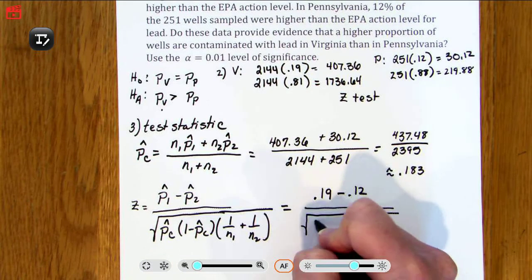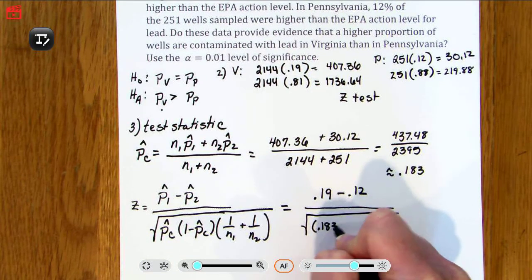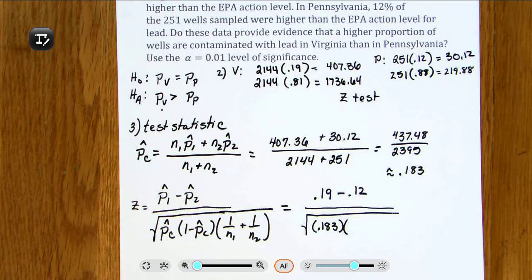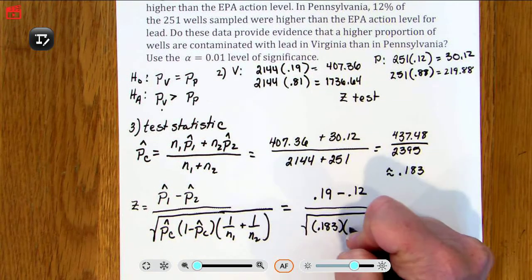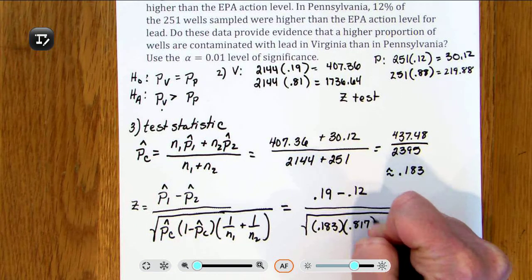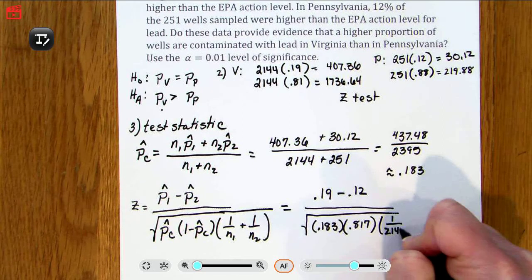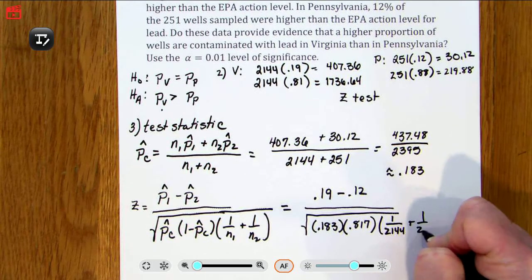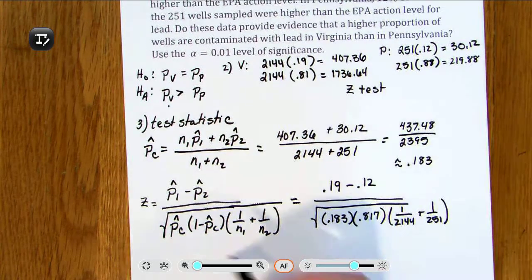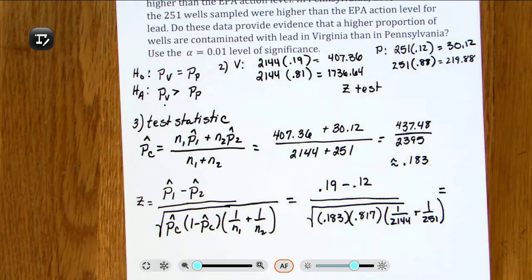So here's my 0.183, and then I will subtract that from 1, and that's 0.817, times 1 over this 2144 plus 1 over 251.